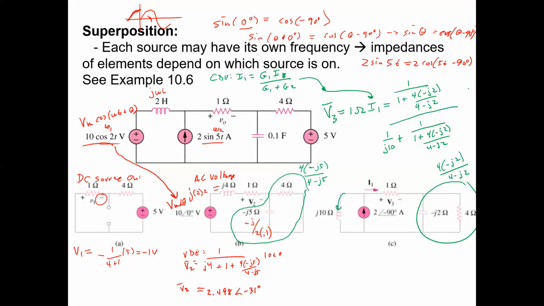And all that times 2 angle 90, minus 90, because that's times the current source. Okay, so this is the I1. And is it readable? Do whatever you need to with parentheses to kind of make sure you can see that.